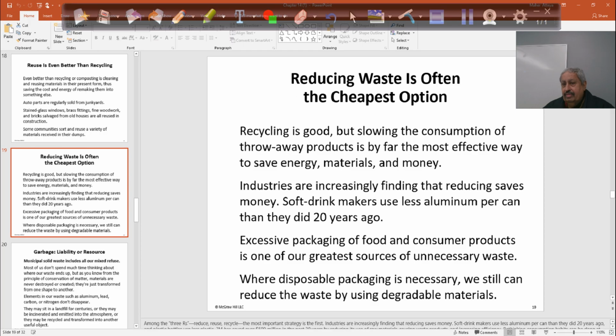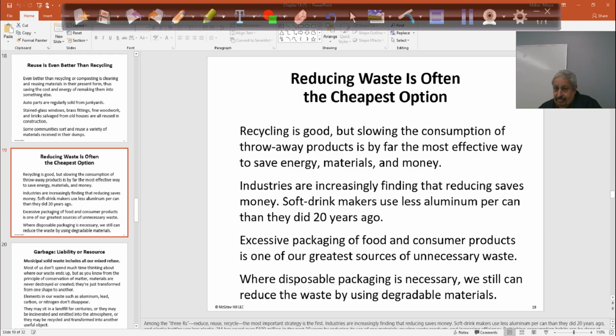Reducing waste is often the cheapest option. That's the best way to save yourself from recycling, reusing or combustion: to reduce waste.